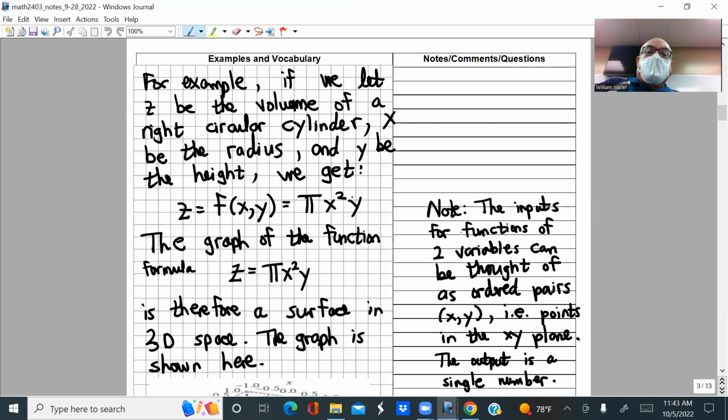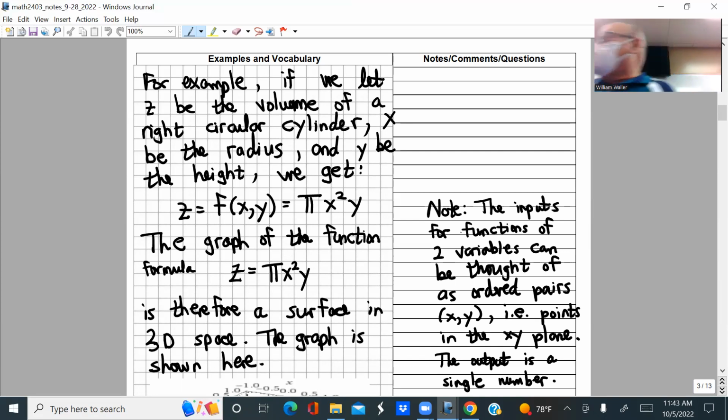That is not going to be a quadratic surface, though, Elijah. Why not? It's not going to look like what it may look like, but it's not going to be one of the things on this table. So why is that? Z equals pi x squared y. That's an equation with x, y, and z.